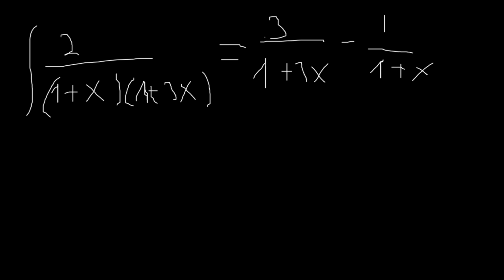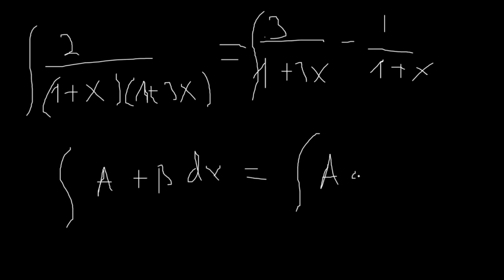And that is amazing. Just introduce an integral. And since the integral of f(x) plus g(x) is equal to the integral of f(x) plus the integral of g(x), that is already done.